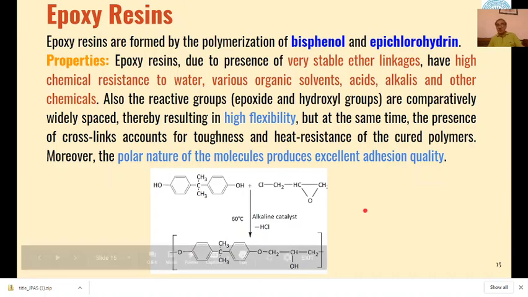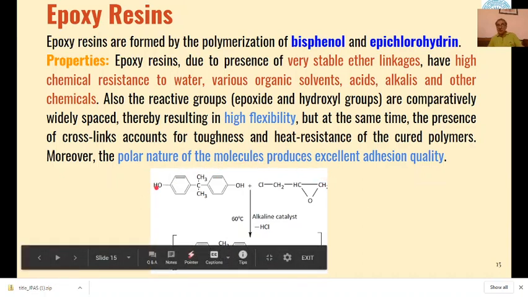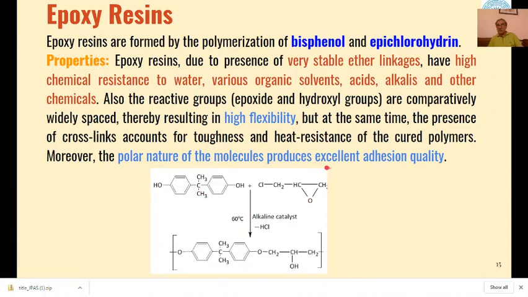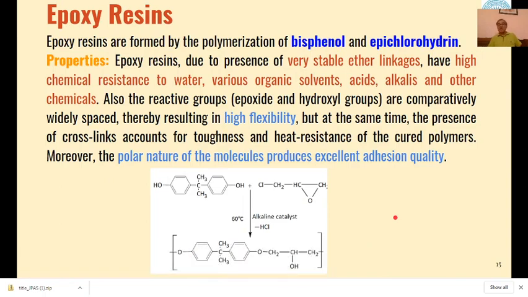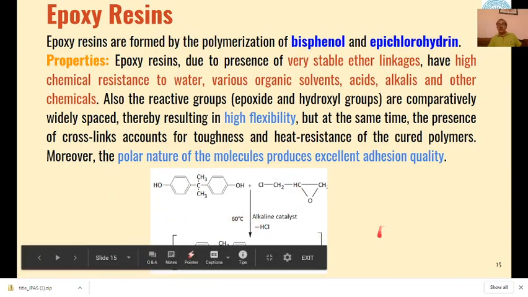Then another way is that the oxygen can attack this carbon, and this can open to give us an OH group, and this OH group can further react with another molecule of epichlorohydrin, and we can get a polymer.